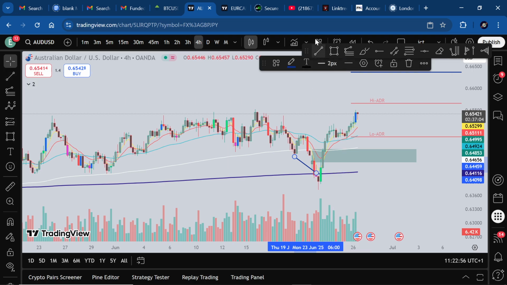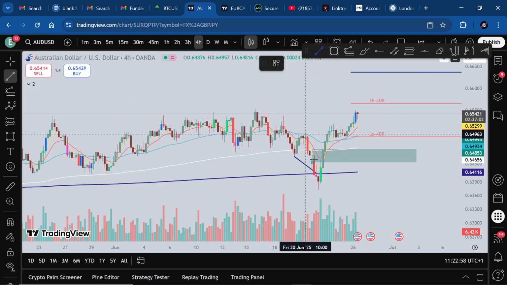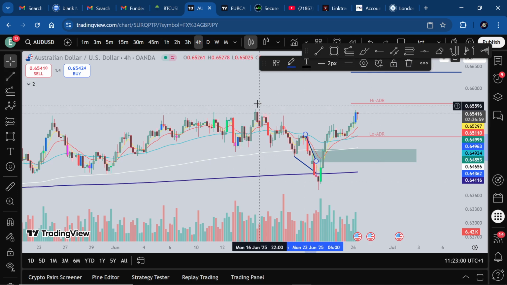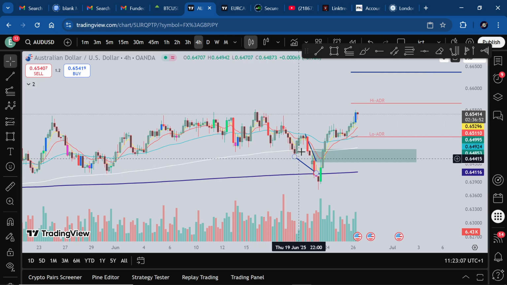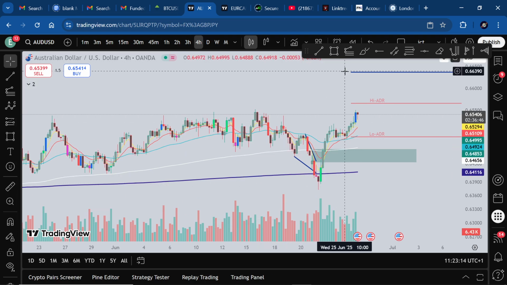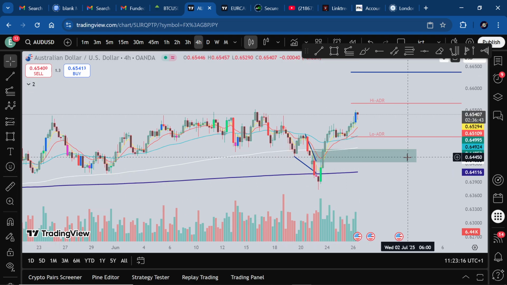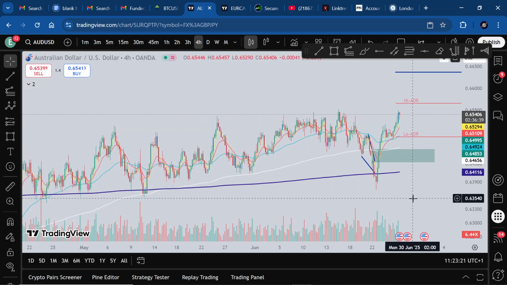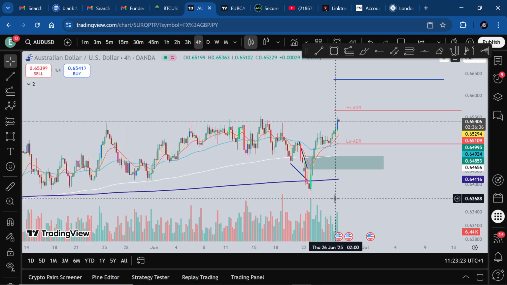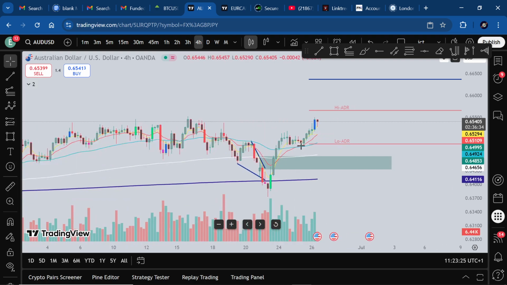No, so A, B, 1, 2, 3, 4, and 5 diagonal. Hence, you've got the sharp move down, sharp move up. That is so common in diagonals. So something ended there. That's a C or a Y ended. This should be my 1 or my A for a new trend up.